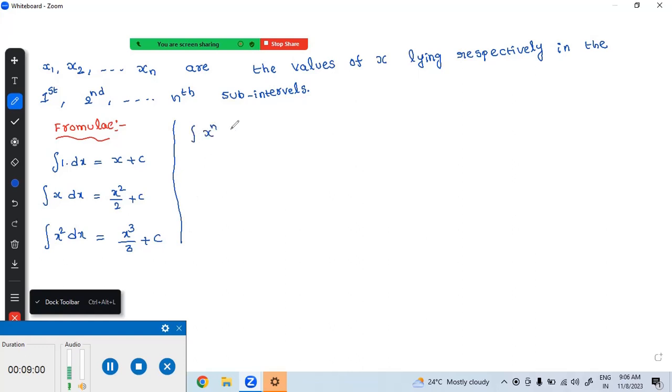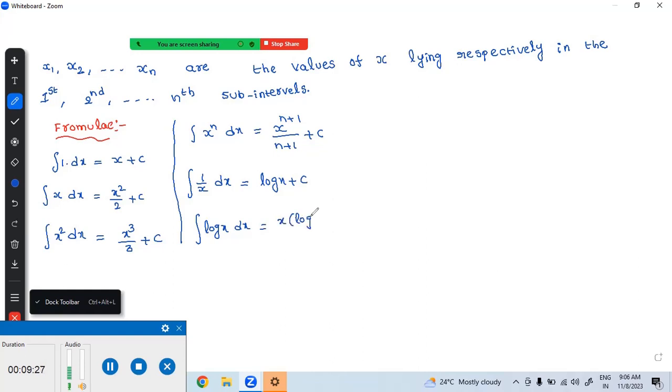Integration x power n dx is x power n plus 1 by n plus 1 plus c. Integration 1 by x dx is log x. Integration log x dx is x into log x minus 1 plus c. Integration root x dx is 2 by 3 x power 3 by 2 plus c.